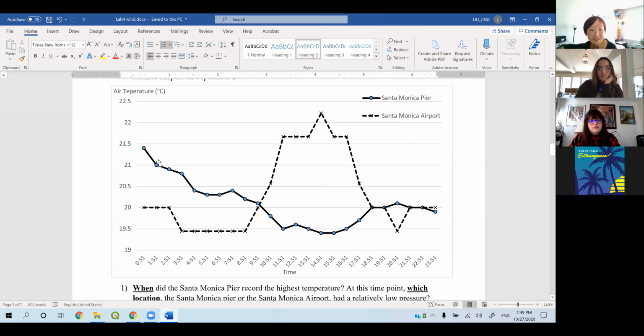You can see we have relatively low temperature at noon or afternoon. The dashed line is Santa Monica Airport. Over the land we have the highest temperature, with a lag in the afternoon. So you have a big contrast in the afternoon.